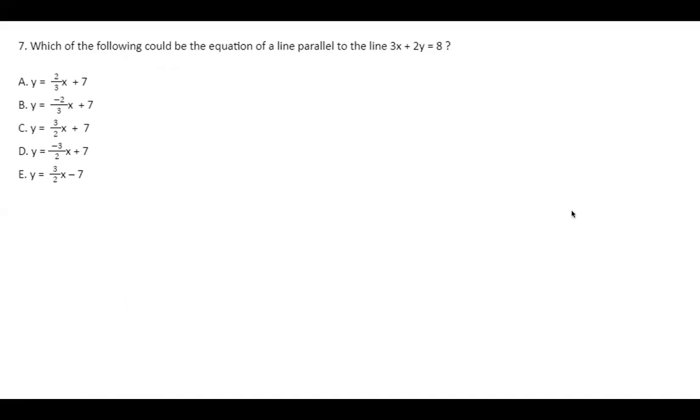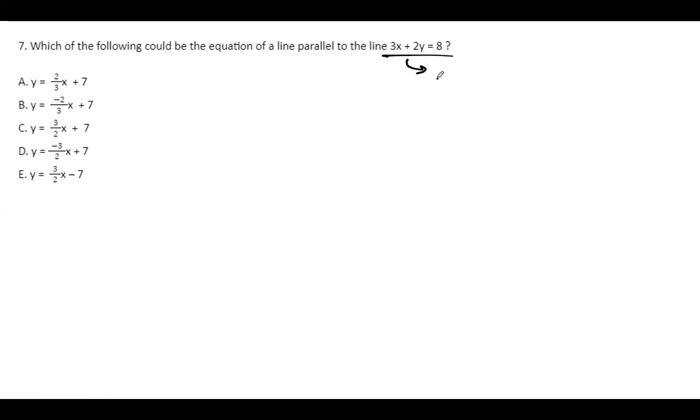Okay. So Nikhil, go for 7th. Which of the following could be the equation of a line parallel to the line 3x plus 2y is equal to 8? What will be the slope? Quickly.